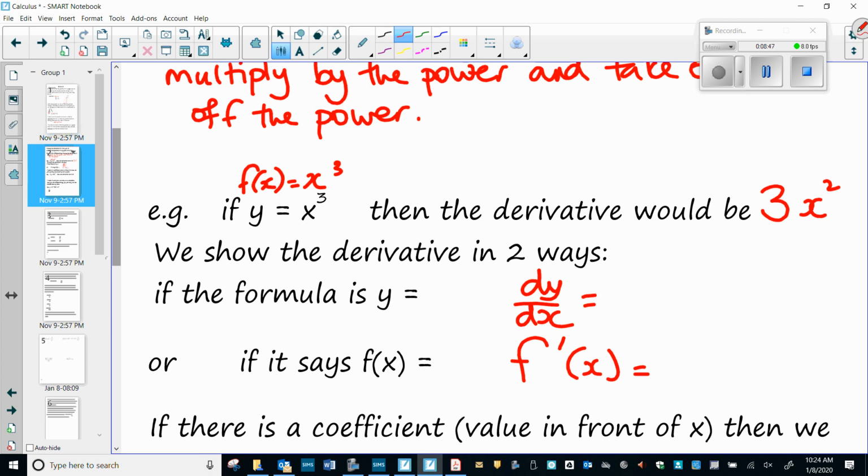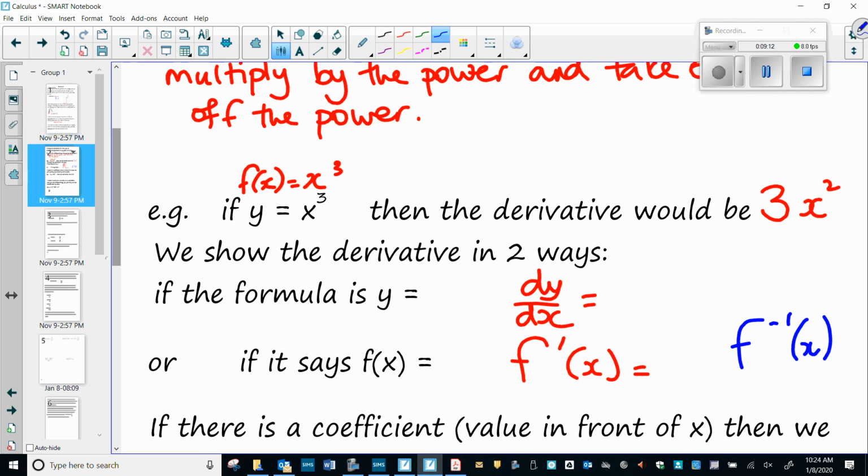Now, you may or may not recall, when we talked about inverse functions, how do we show an inverse function? Good, f minus 1 of x. These two look similar. So in an exam, if they've asked you to find f dash x, make sure you're differentiating.